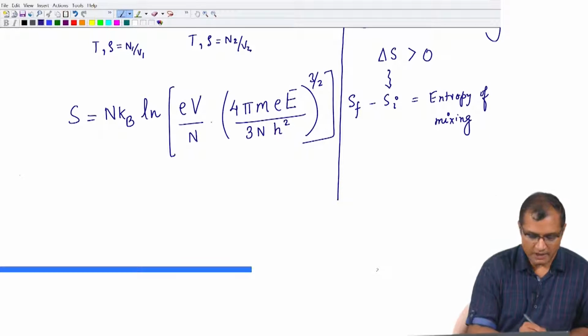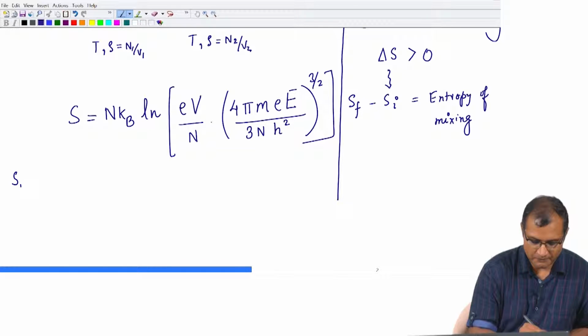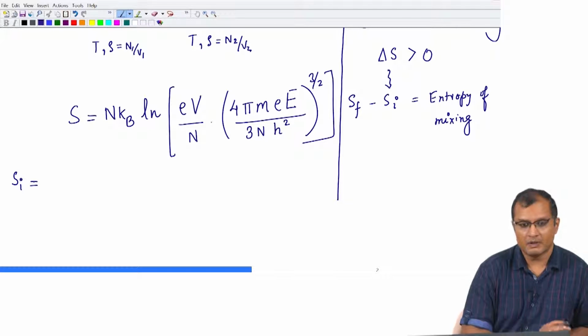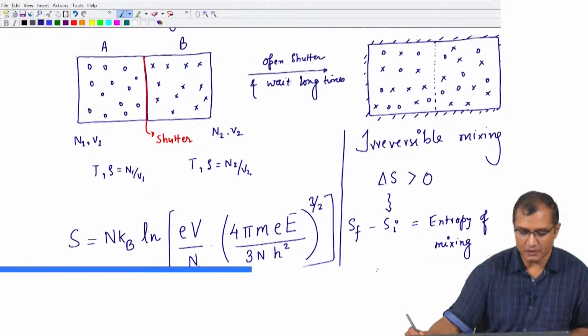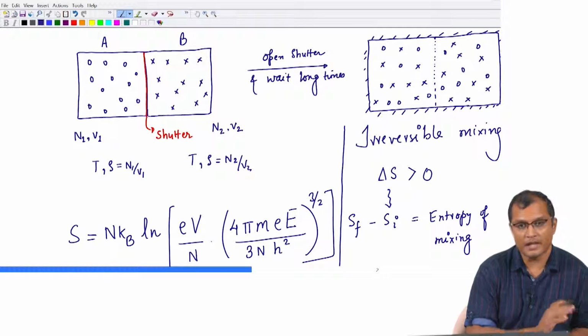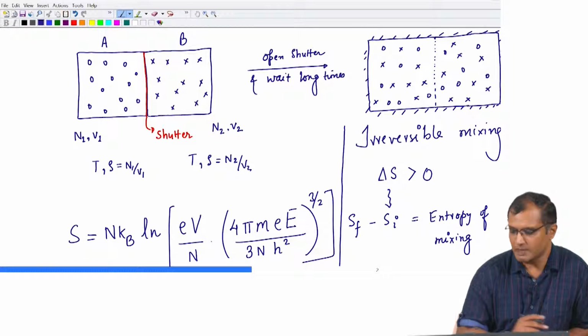So, you write down the initial entropy first. Initially, what you have is basically these two gases A and B. So, you write down the entropy of these two gases and add them up.